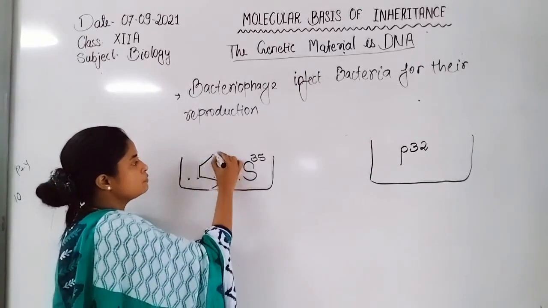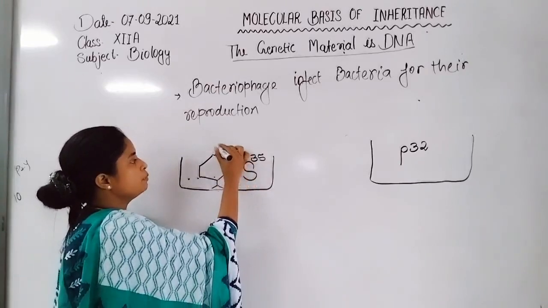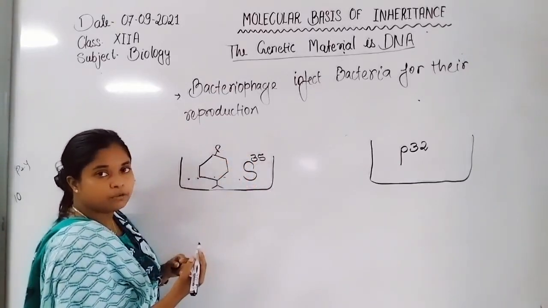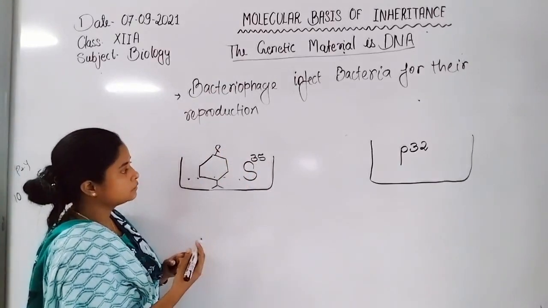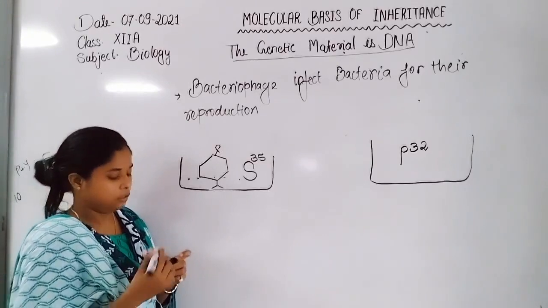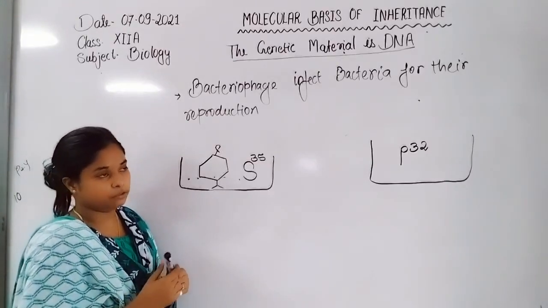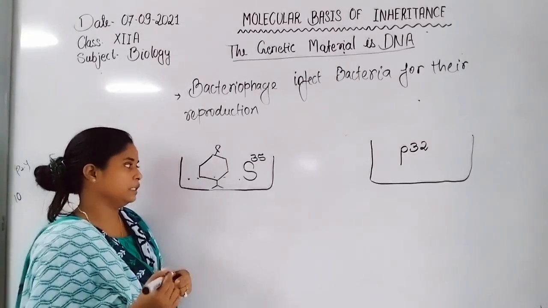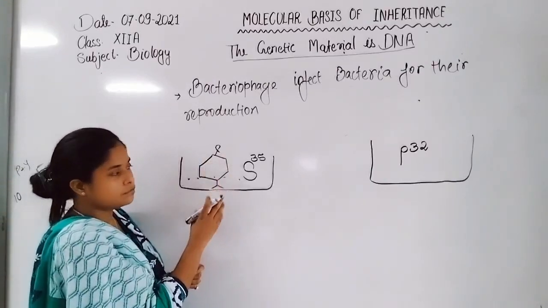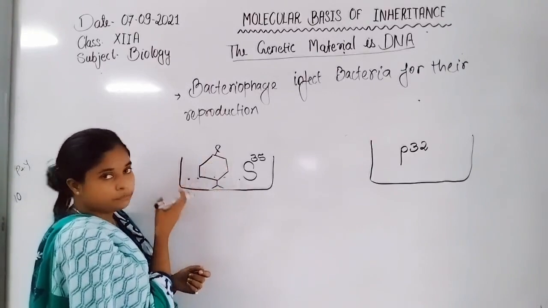That protein is formed with the radioactive sulfur, because in protein there are two amino acids which contain sulfur, cysteine and methionine. So those grown in the presence of radioactive sulfur have sulfur in their protein.